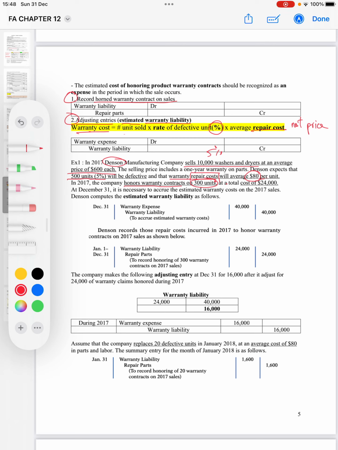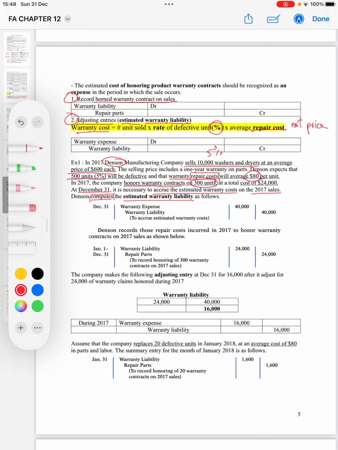Okay, and at December 31, at the end of the year, they accrue the estimated warranty cost on 2017 sales, on this year's sales. And first they compute, to calculate the estimated guarantee liability.